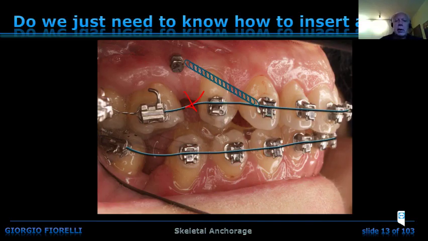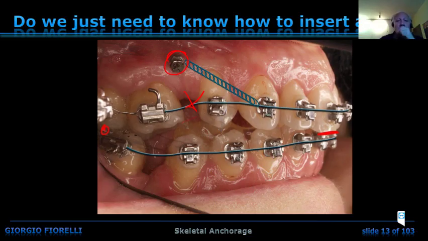She came to my office with a lot of problems, pre-contacts here and only contacts here. She had TMD, she had teeth that were very mobile, and this was the problem with biomechanics. So placing a TAD here is not solving everything. It might be even worse.